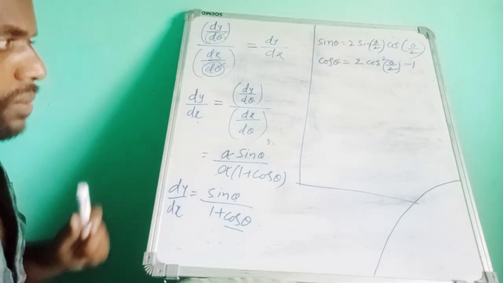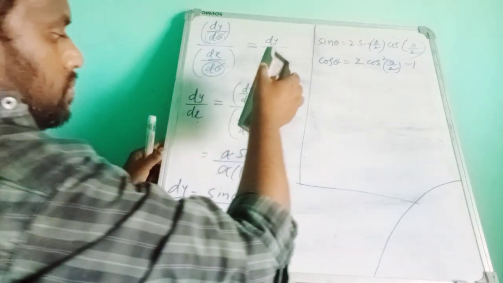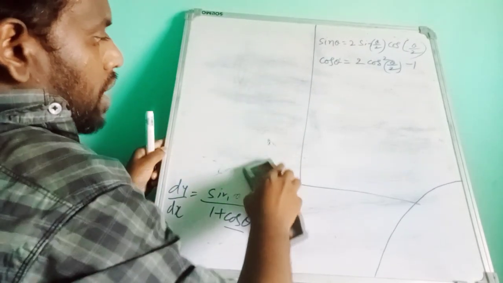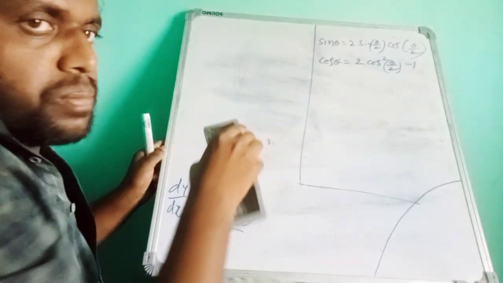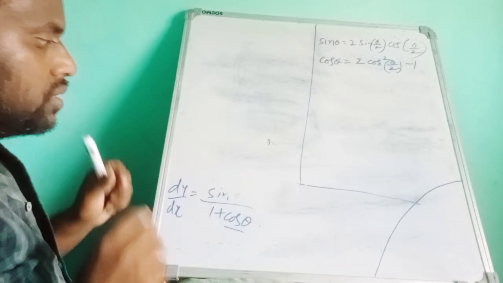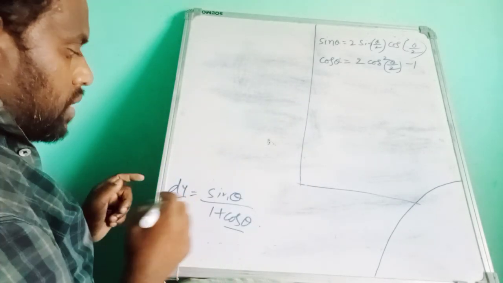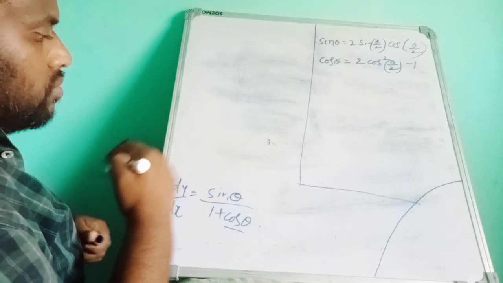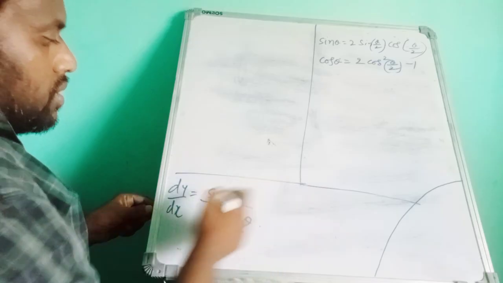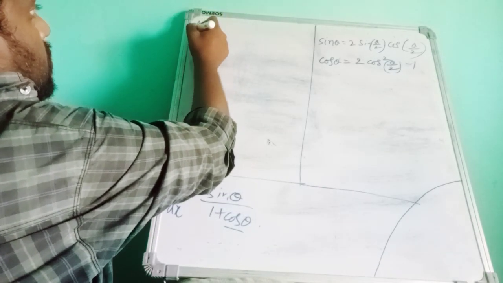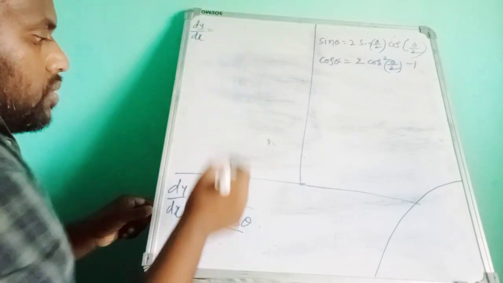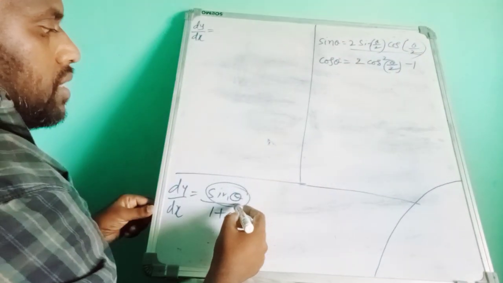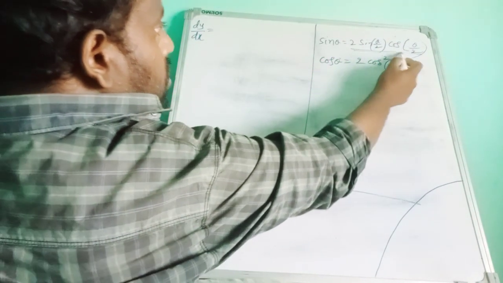Next step, I will write here. Any previous content you want to see, please move the video backward. Now dy by dx is equal to sin theta over 1 plus cos theta.